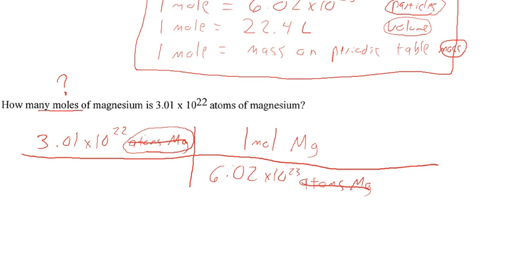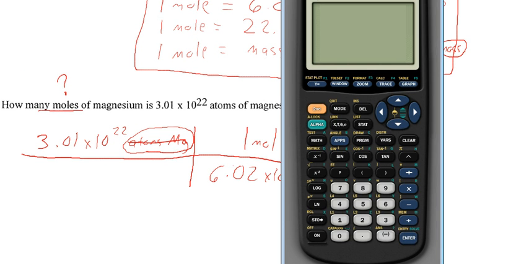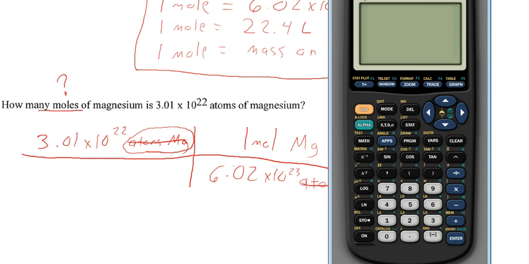Units cancel when they're the same. That's why we do this, so we can cancel out the units we don't want and convert to the units that we do want. We wanted moles of magnesium. That's what we have in our problem after performing this conversion. So we are ready to put it in our calculator and solve. The way these problems work is anything that is at the top, I would hit multiply before, and if it's at the bottom, I'd hit divide.